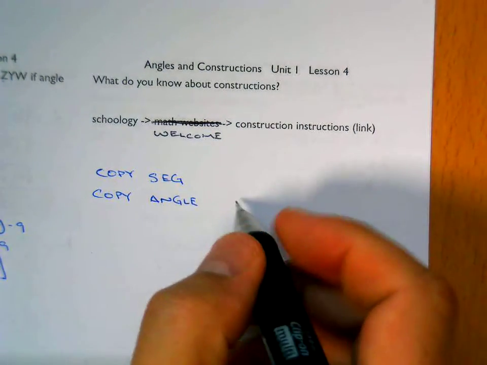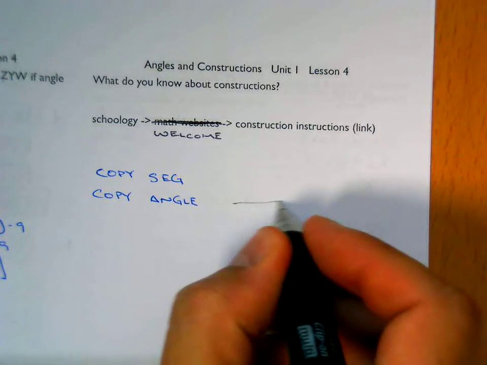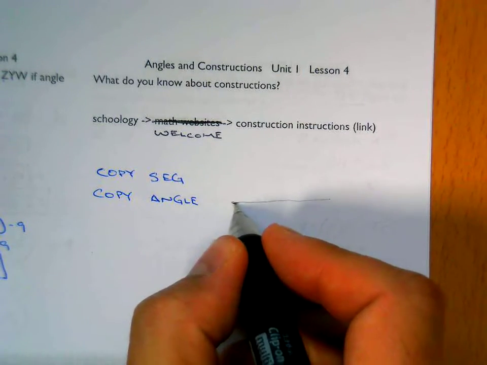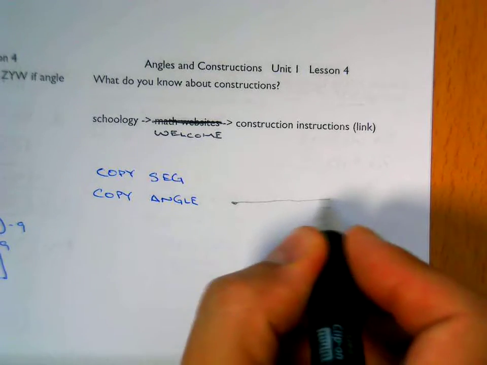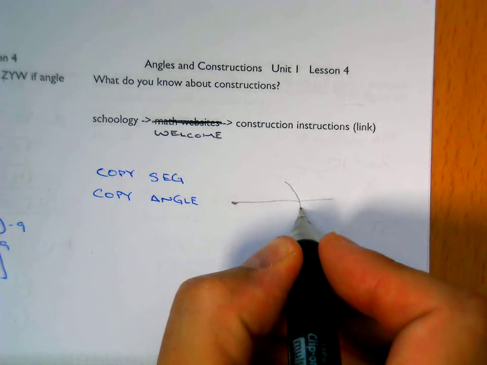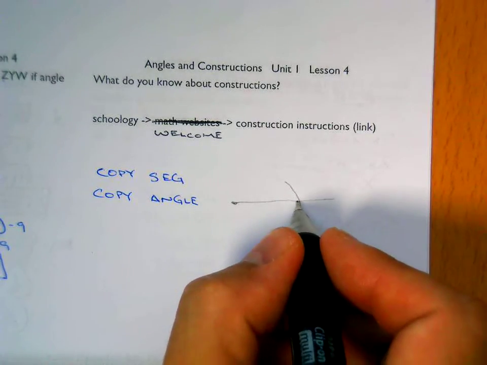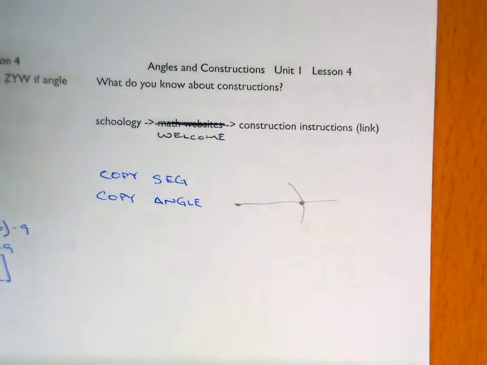So when you're constructing a congruent segment, for instance, you're going to have to draw kind of a long line and then draw an arc with your compass, and then leave that arc on there. That's how I know that you have actually used your compass instead of just tried to draw it freehand. So make sure that you do that, otherwise you will not be happy with the credit that you get.